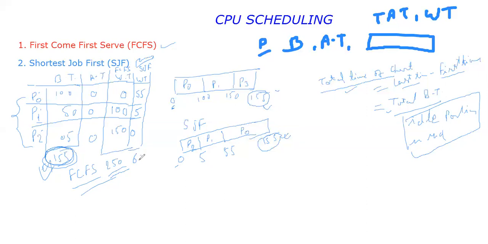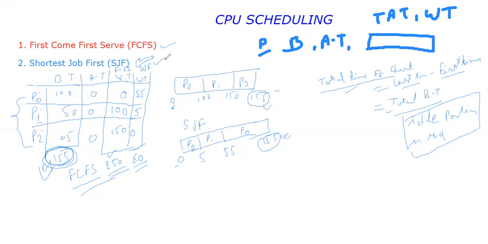Total time is 60. It means in shortest job first, you have reduced the waiting time to almost 1/4 of that of FCFS, or even more than 1/4. So that is the major advantage of the shortest job first algorithm.